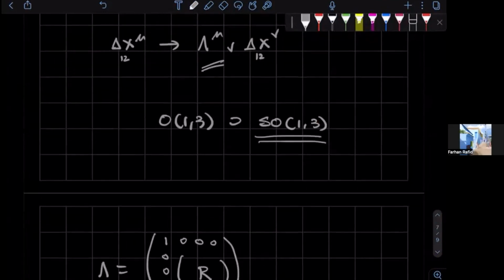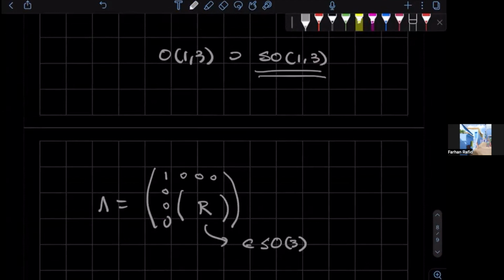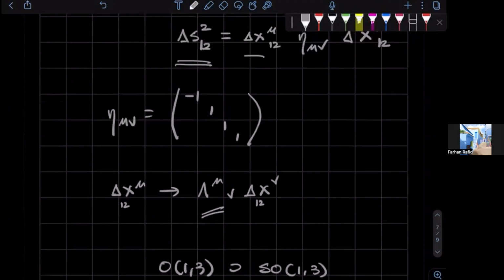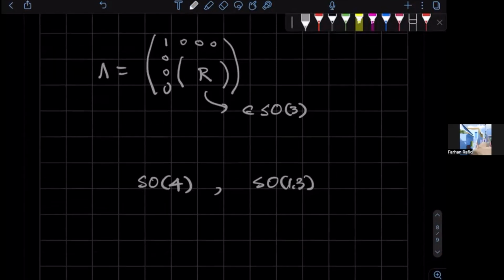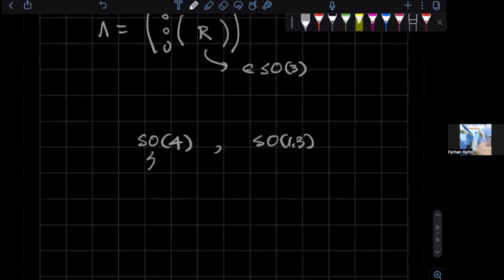Sir, in the SO(3) thing, there is only one number in the bracket, 3, but here 1, 3. So is the 1 different from the 3? Like 1, 3 could be written as 4, right? Yeah. So SO(4), you're saying what is the difference between SO(4) and SO(1,3), right? Yes, sir. Yeah. So SO(4) are 4 by 4 matrices, say let's call them lambda, which satisfy this equation.